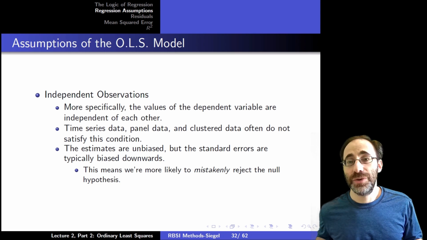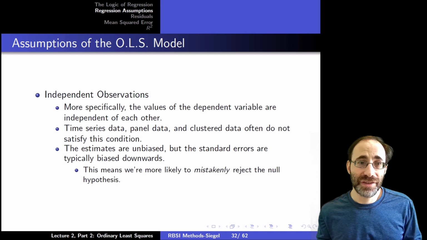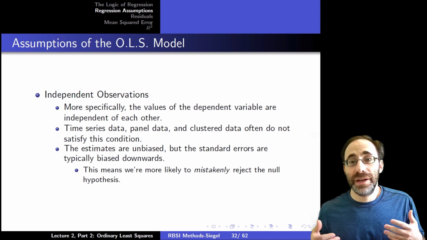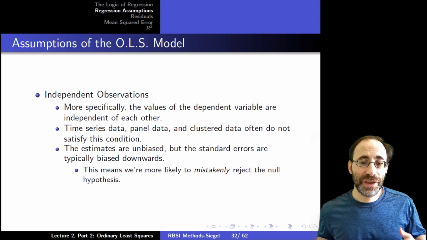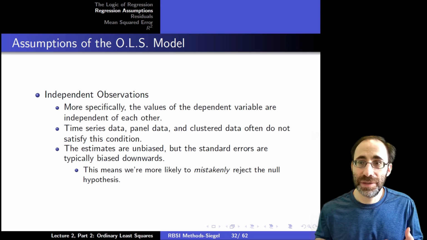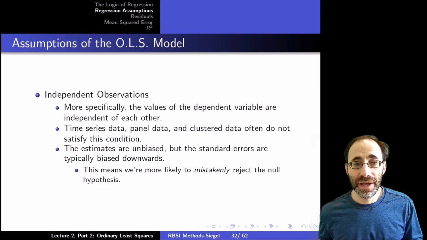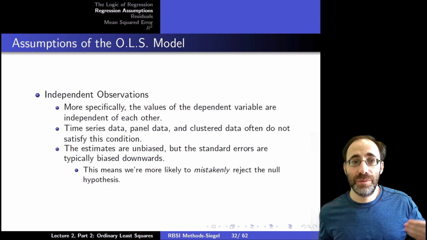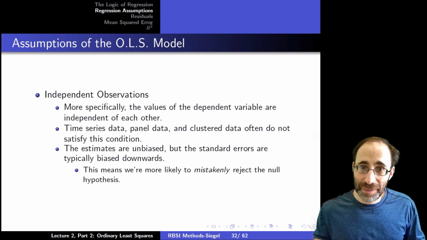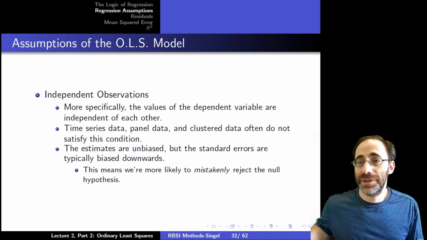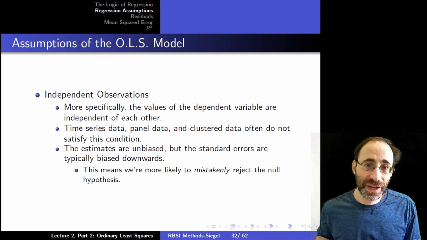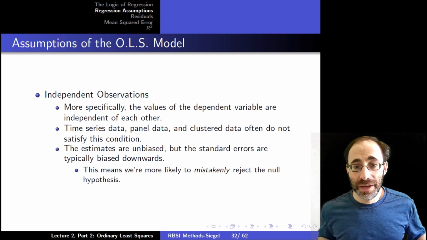Cluster data, in which you have different groups that have some commonality, also can lead to that problem, because let's say I have like 3 or 4 different groups in a population who have some similarities and some kind of correlated behavior. Then if I draw someone from one group, that dependent variable is going to be more similar to another one from that group than one from a different group. So these cluster data won't all be independent.